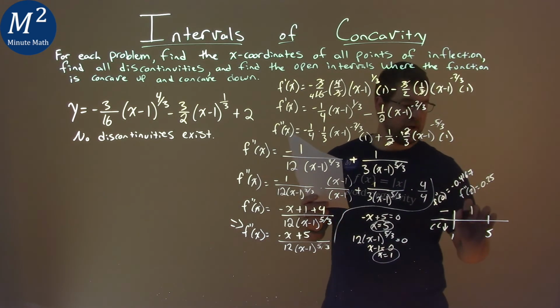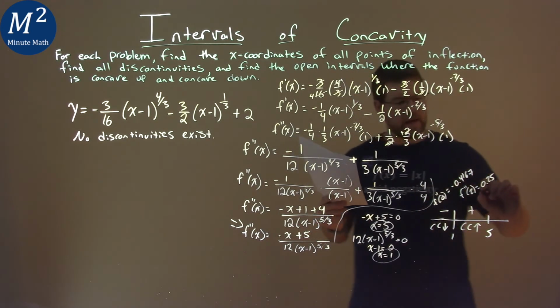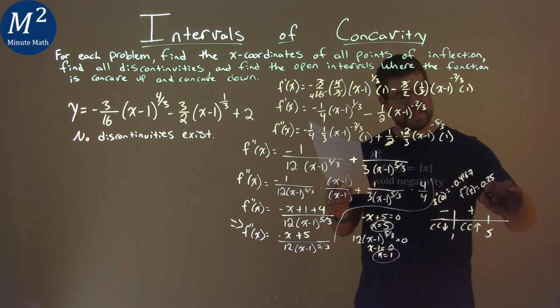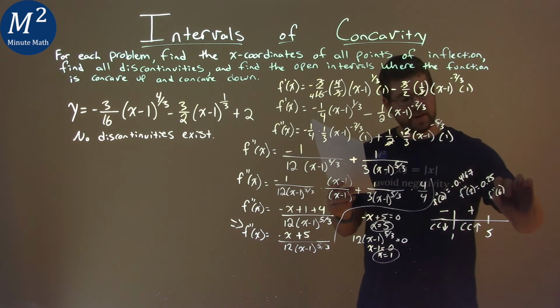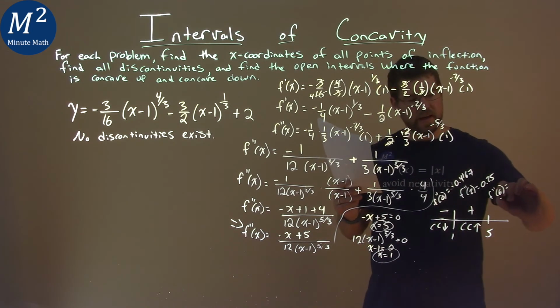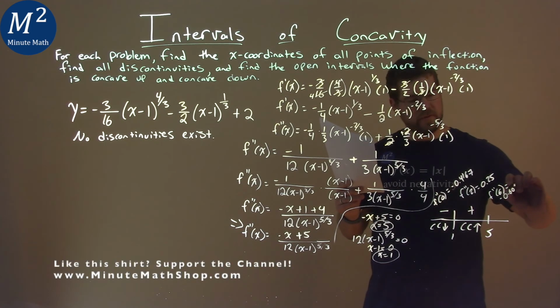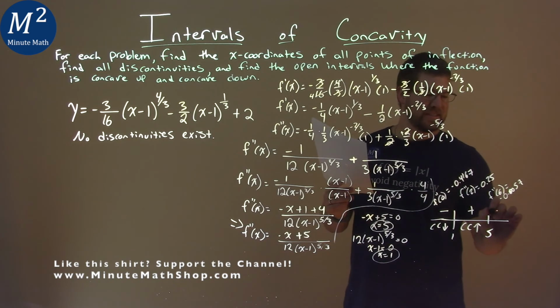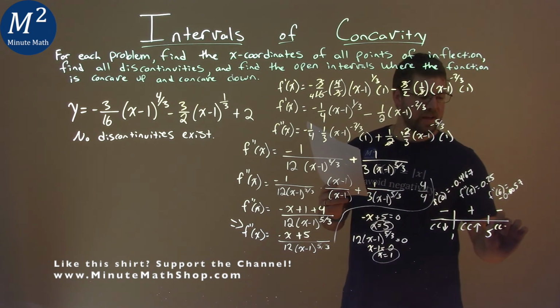I just care that it's positive, and we're concave up here. Lastly, I pick a value bigger than 5, and I pick 6. F double prime of 6 came out to be a negative 0.0057. I don't care what it is, it's just negative. And it's concave down.